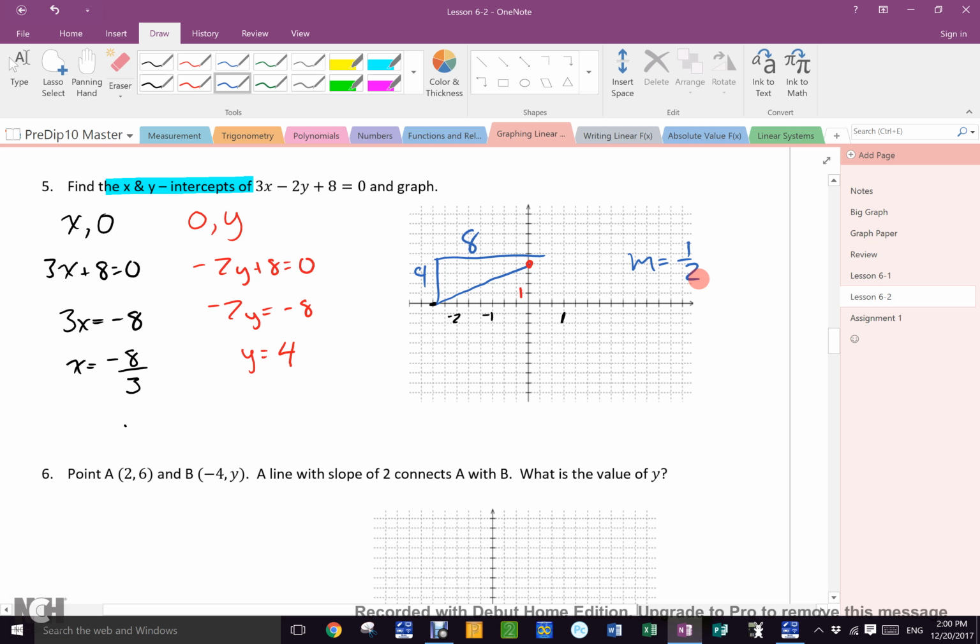Of course not. Why? Because they're different scales. How far up did I go? 4. But how far this way did I go? No, 8/3. But if you times 4, so if I multiplied that by 3, would I be okay? You good.